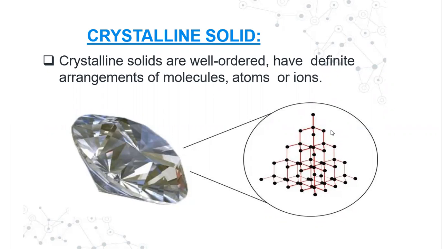In the picture below, you can see the different arrangements and structures. This is a definite type of structure, so crystalline solids are well ordered. This is a piece of diamond, which consists of a good arrangement of molecules, atoms or ions in its structure. That is the basic one.